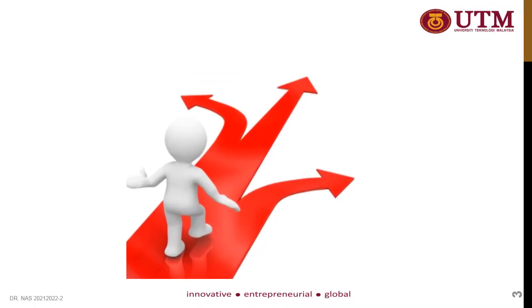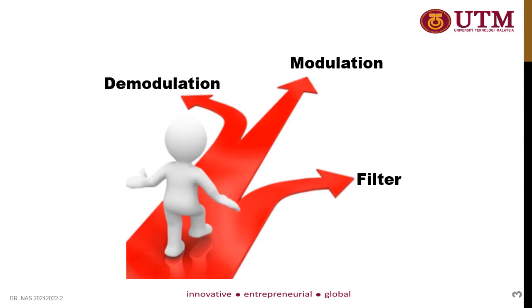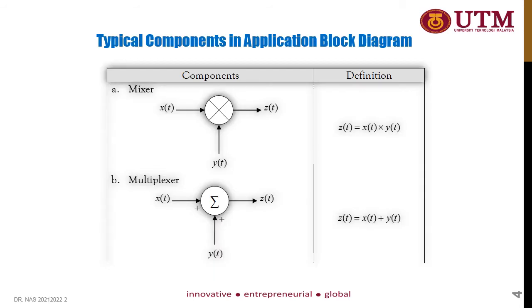We are going to look at the Fourier transform application in terms of three main applications. The first one is the modulation process, and also filter application. Okay, before that, let's have a quick recap on the symbols or operations that you may find in a system.